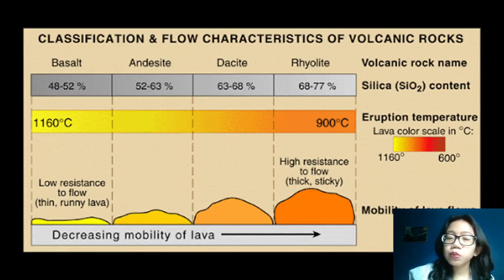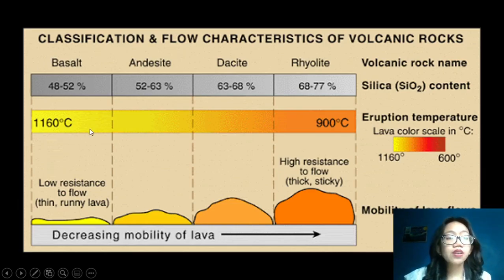The type which is very light in color and even behaves like water, like splurts of magma that look like a water fountain, is a basalt type of magma. They're usually yellowish in color and have low resistance to flow because of their high temperature, 1160 degrees Celsius. They are thin and runny lava and they move quickly down slope.